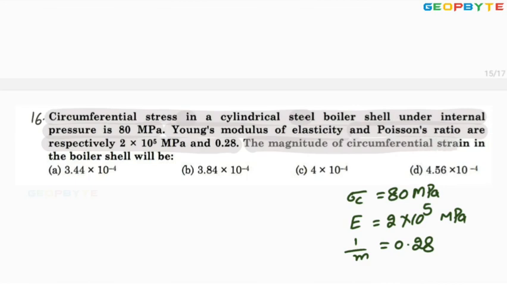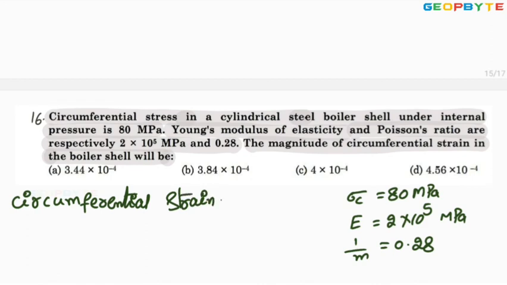The magnitude of circumferential strain in the boiler shell will be, you are asked to find the circumferential strain. I hope you got my point. Let us do that.